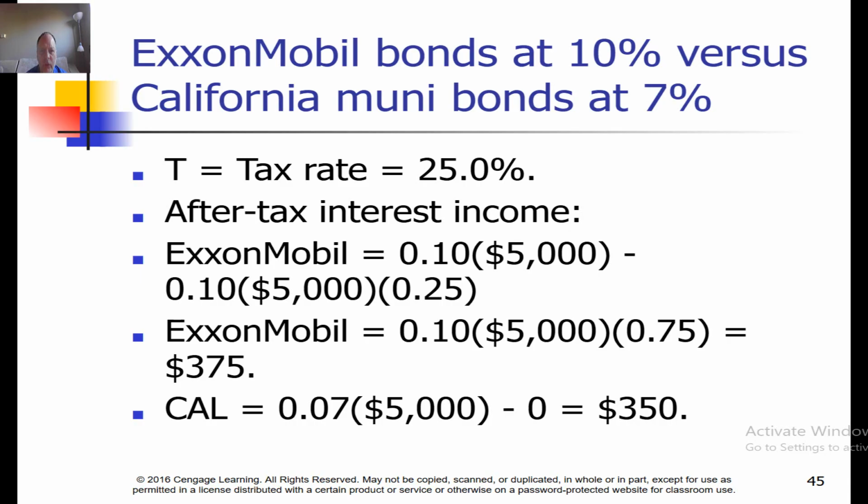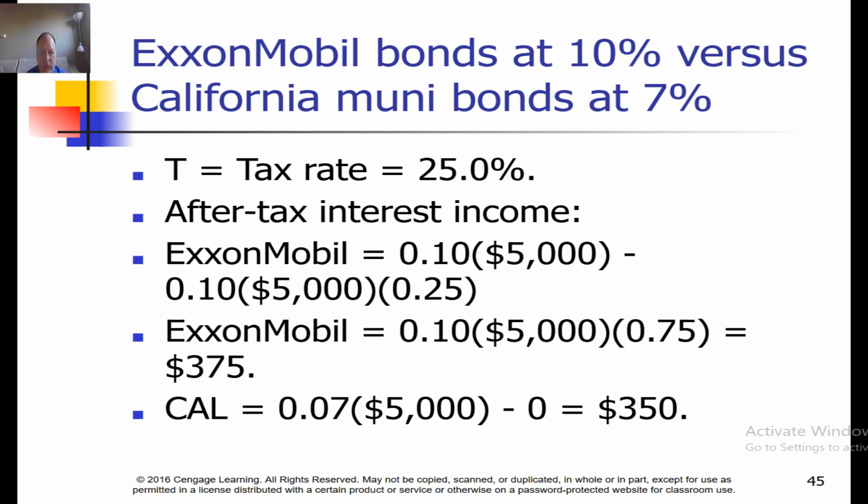Therefore, the after-tax interest income on the ExxonMobil bonds will be, well, if they invest $5,000, they get 10% of that, or $500, but the government seizes 25% of that in taxation, which would be $500 times 0.25, or $125.